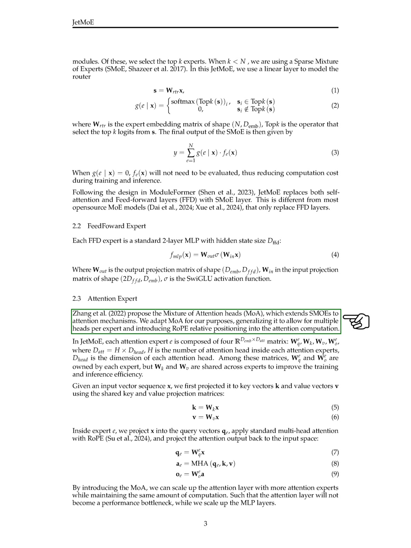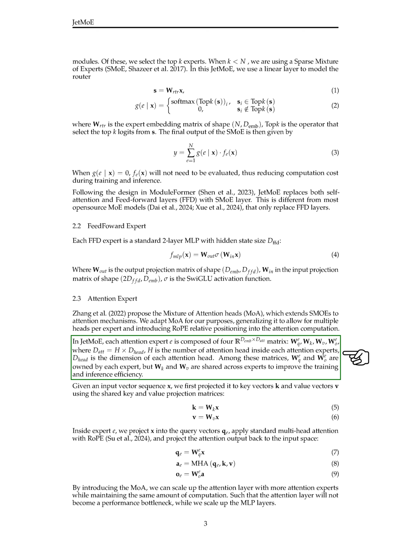In JetMoE, each attention expert consists of four matrices: W_Q^E, W_K, W_V, W_O^E. The dimensions are defined such that D_att equals H times D_head, where H is the number of attention heads in each expert, and D_head is the dimension of each head.